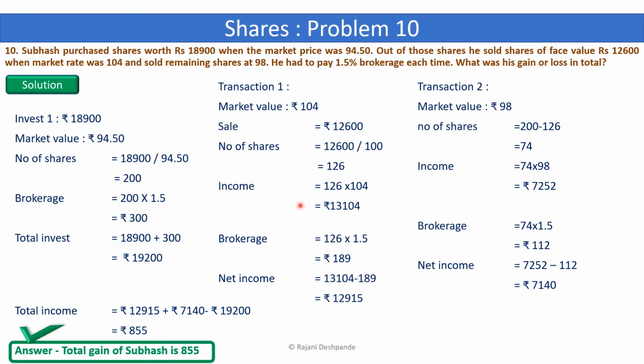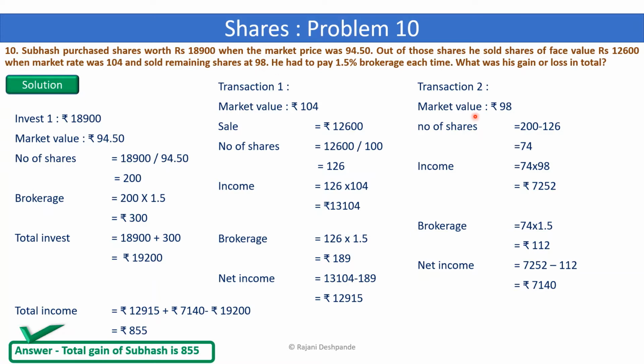So he gets 13,104 after selling 126 shares for 104 rupees, and he has to pay brokerage, so we have to minus it. So 13,104 minus 189. His net income in this transaction is 12,915 rupees.